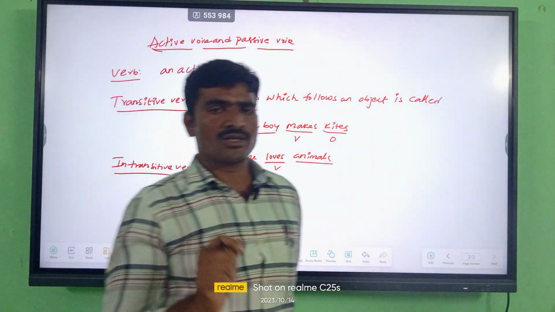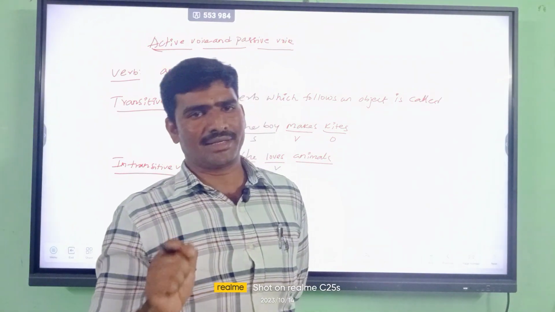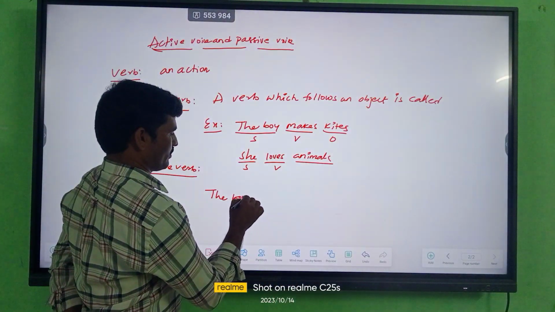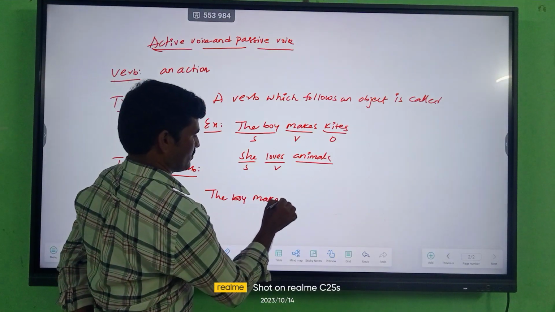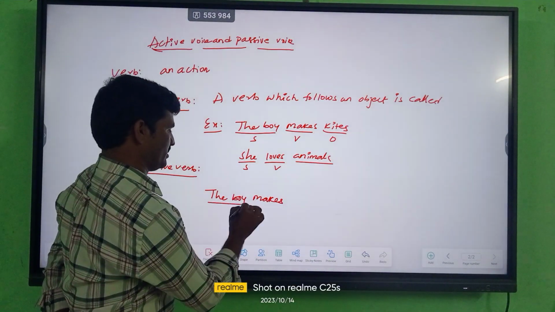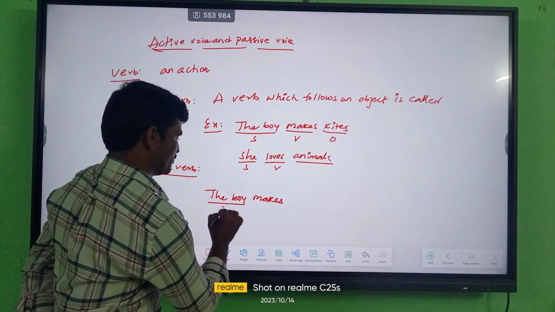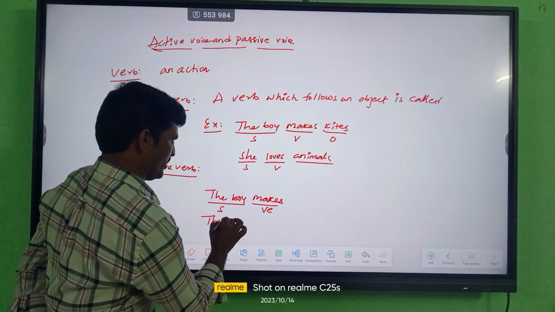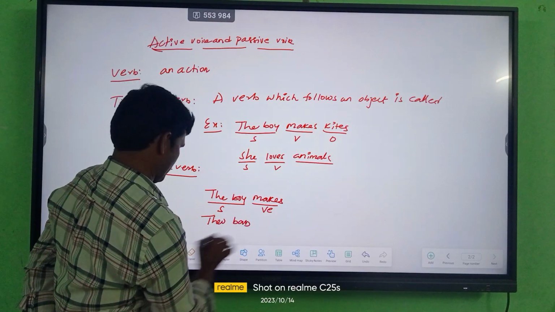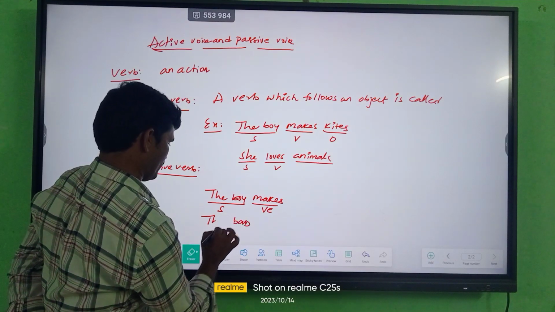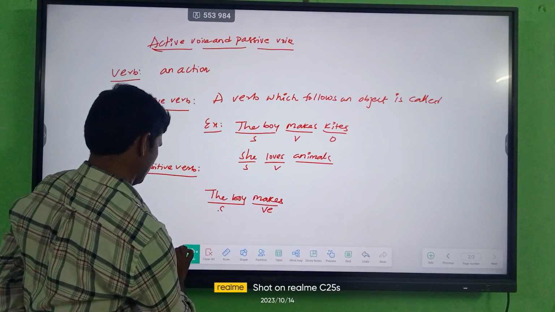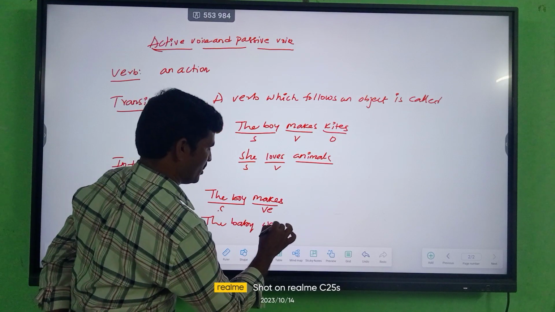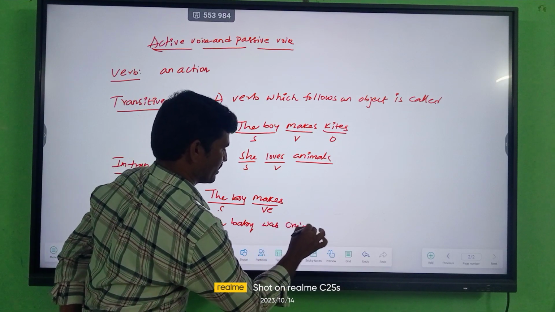Second, intransitive. A verb which does not follow an object is called an intransitive verb. Example: the boy makes. Here, the boy is the subject, makes is the verb. Another example: the baby was crying.